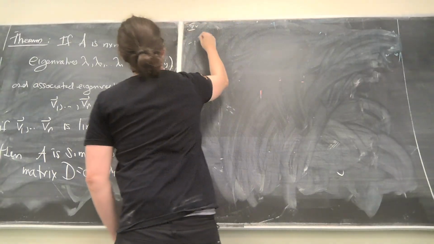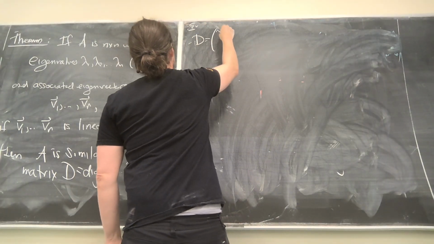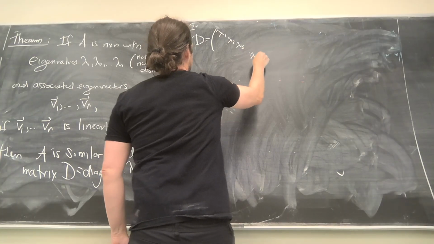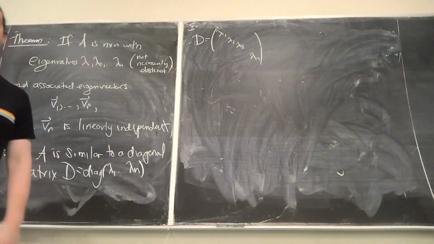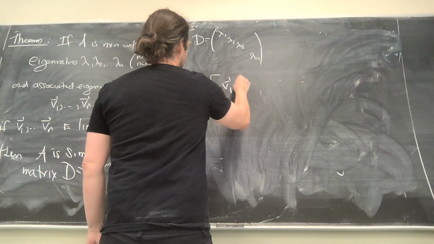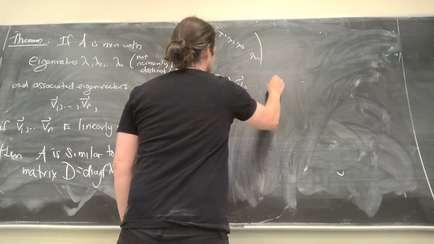That is, we're saying D is equal to the diagonal matrix lambda 1, lambda 2, lambda 3, down to lambda n. And the matrix S is the matrix of eigenvectors that correspond to those eigenvalues.